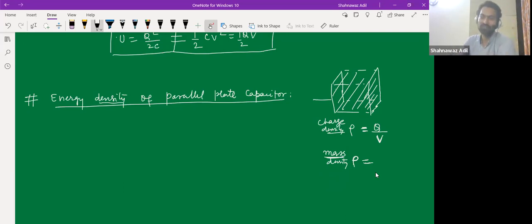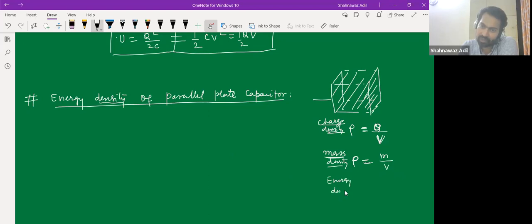I am asking about mass. Whenever I say mass density, mass would be in the numerator, and density means volume would be in the denominator, right? If I say charge density, charge would be in the numerator and volume in the denominator, right?